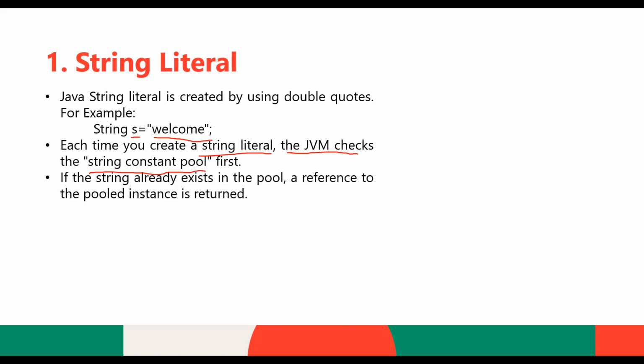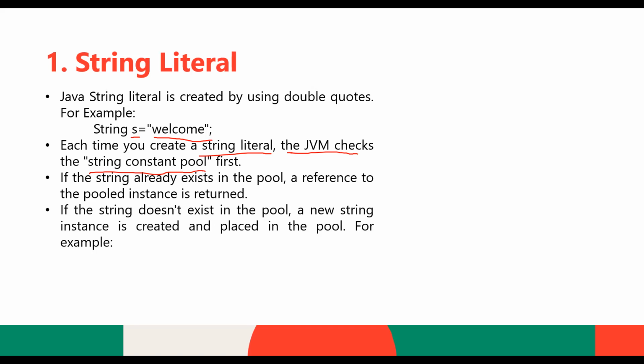If the string already exists in the pool, a reference to the pooled instance is returned. It means that no new object is going to be created. And if the string doesn't exist in the pool, a new string instance is going to be created and placed into the pool.